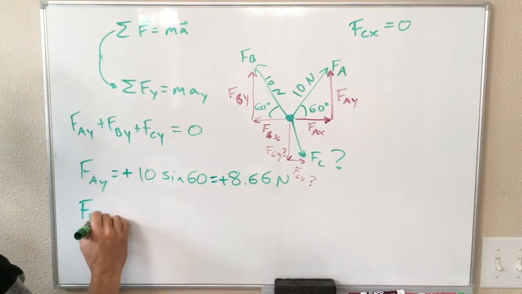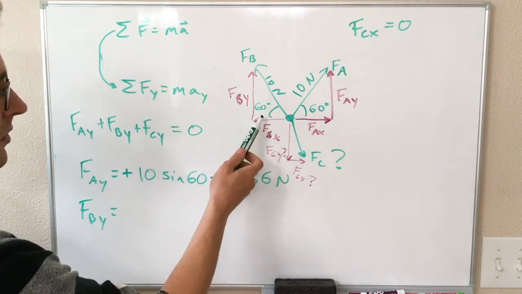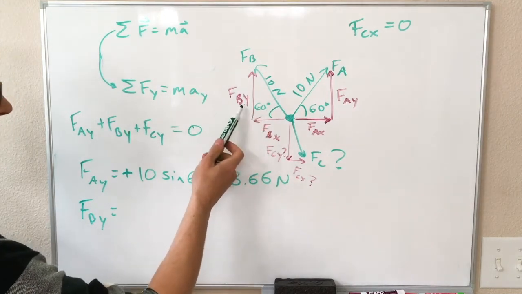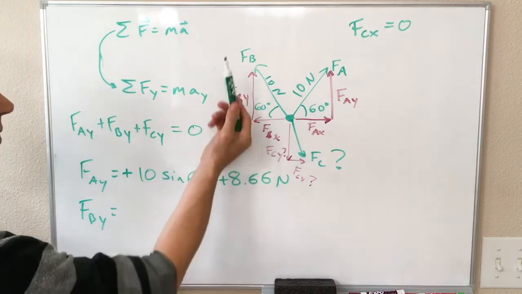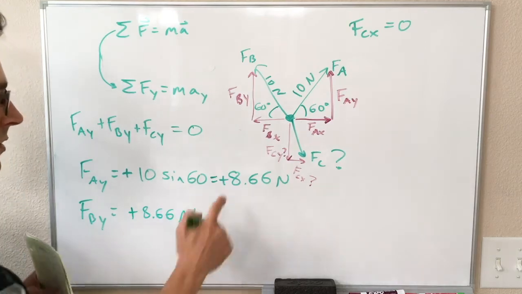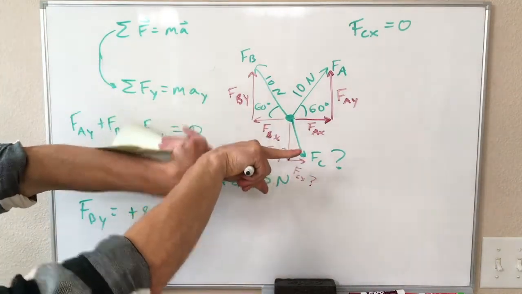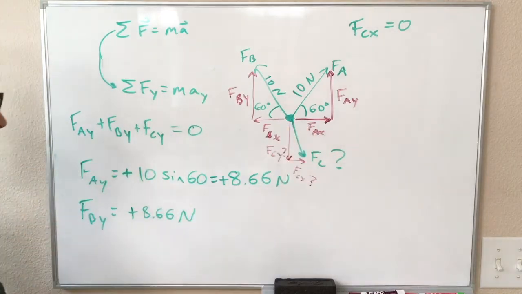For force B, we get exactly the same thing. We still get 10 times the sine of 60 degrees, and it is also up. So again, we get plus 8.66 newtons. These are both in the same direction. Remember, the x's were in opposite directions, so we got a minus sign. The y's are both in the same direction.